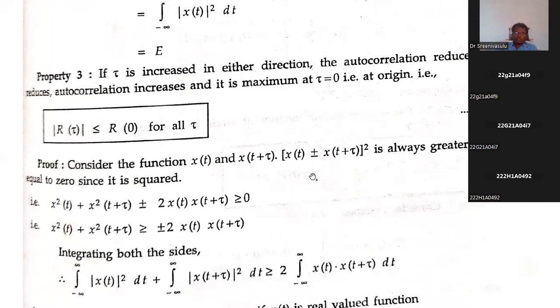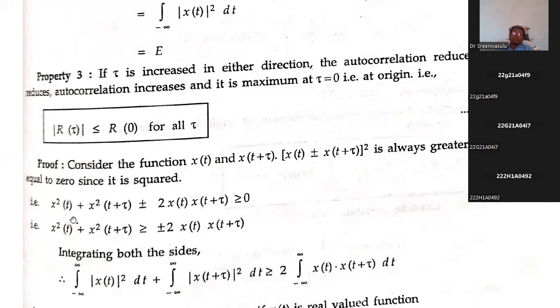Now, you see here, x of t plus or minus x of t plus tau. What is this? It is one signal, x of t, and the same signal delayed. Whether it is a plus operation or a minus operation, if we take the whole square, it is always greater than 0.